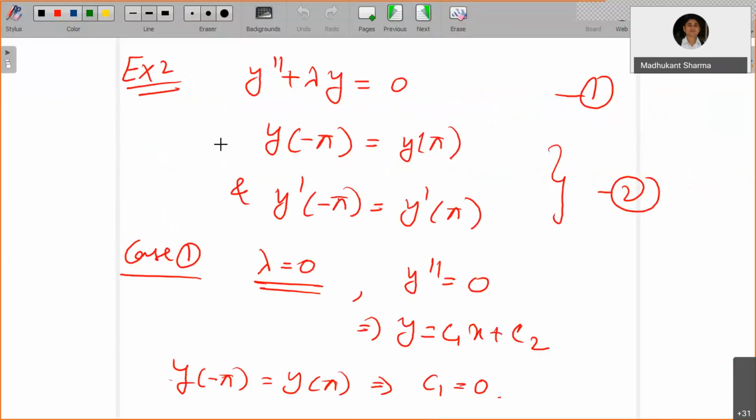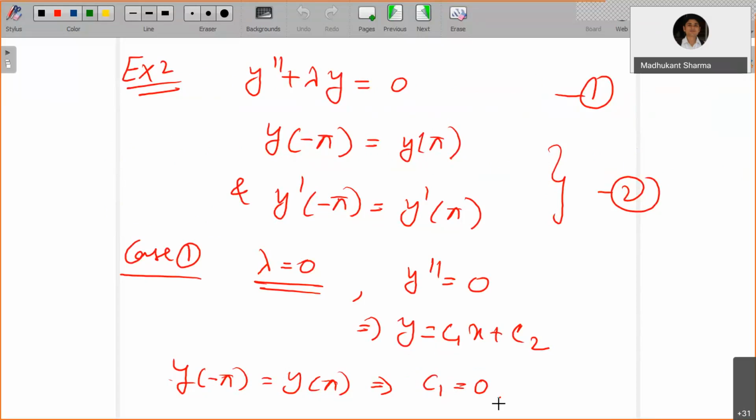For the lambda equals 0 case, you obtain the solution as a linear function c1x + c2. Now if you apply the boundary condition y(−π) = y(π), that gives c1(−π) = c1π, so c1 equals −c1.